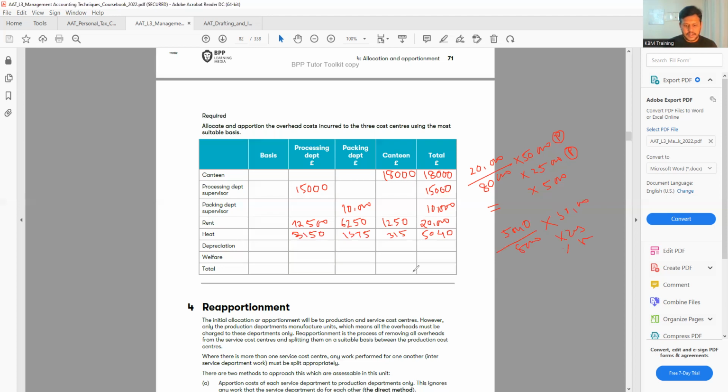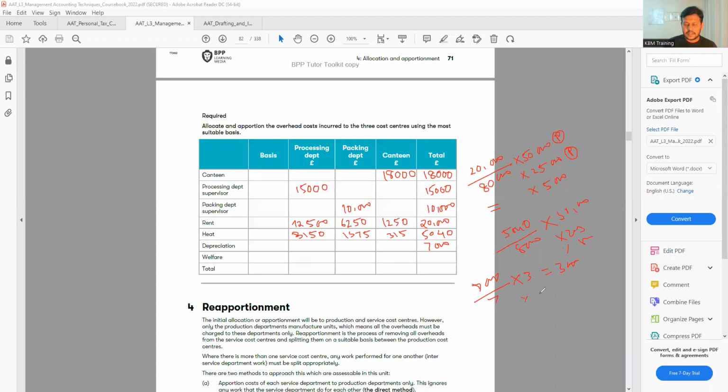So we have total 7,000, the depreciation. And this 7,000 we have to split in these three departments. So 7,000 divided by 7 times by 3 will give you 3,000.